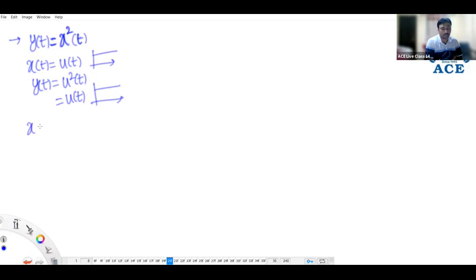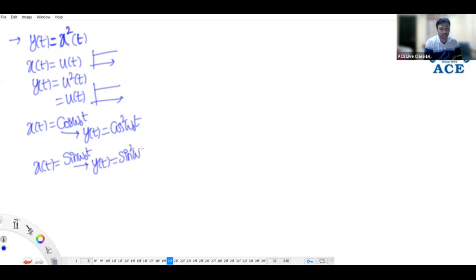Or if you apply cos, y(t) becomes cos squared theta, finite because it is (1 plus cos 2 theta) by 2. Or if you apply sine, y(t) becomes sine squared theta, which is (1 minus cos 2 theta) by 2. For every bounded input, there exists bounded output: 100% stable.